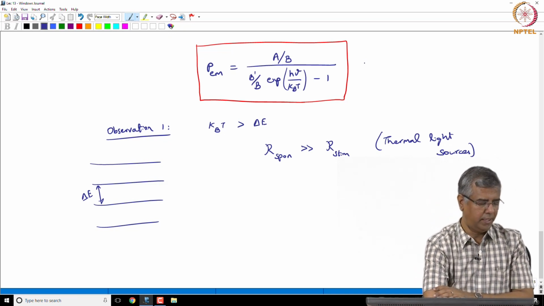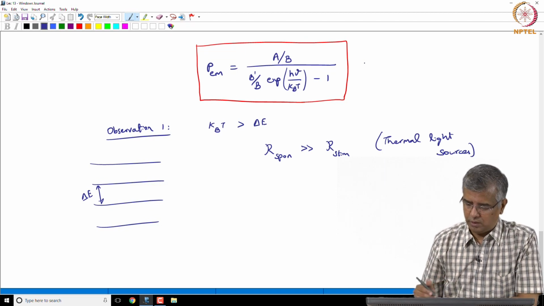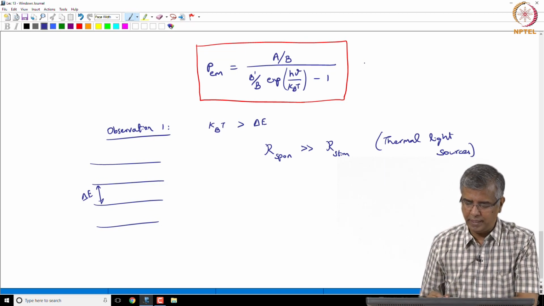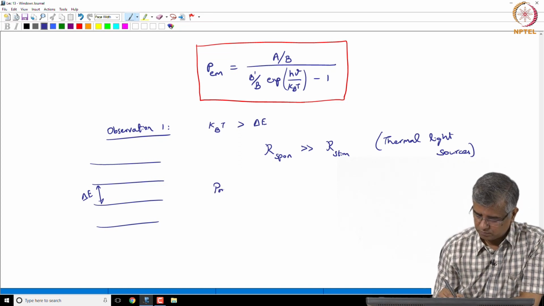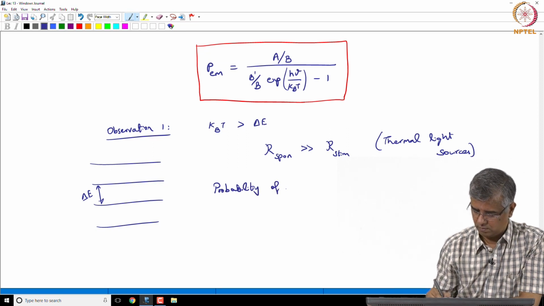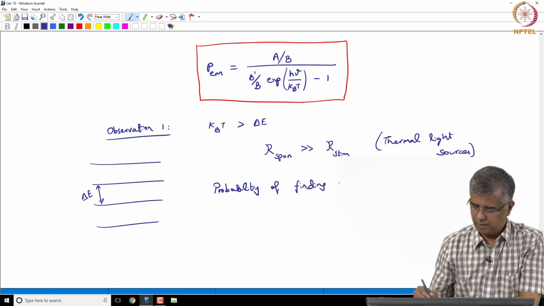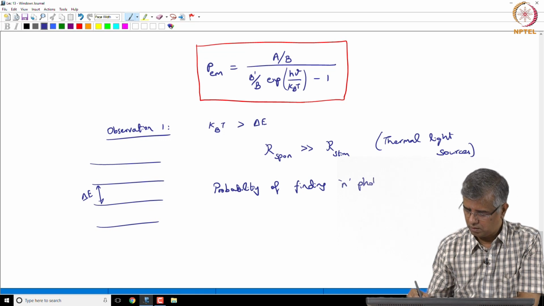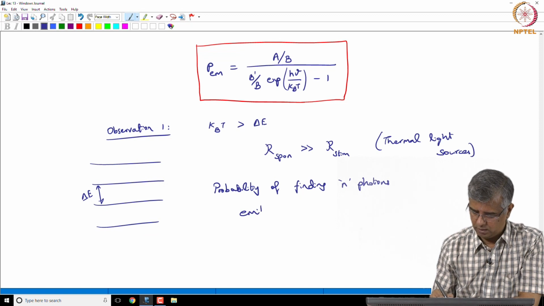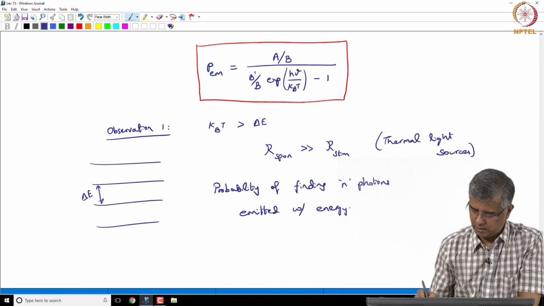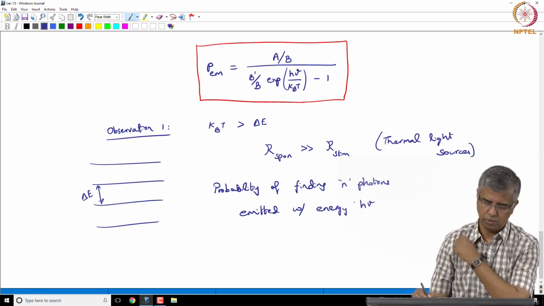rate. And if we were to go into this in a little more detail, what we will find is the probability of finding n photons emitted with energy h nu, right.